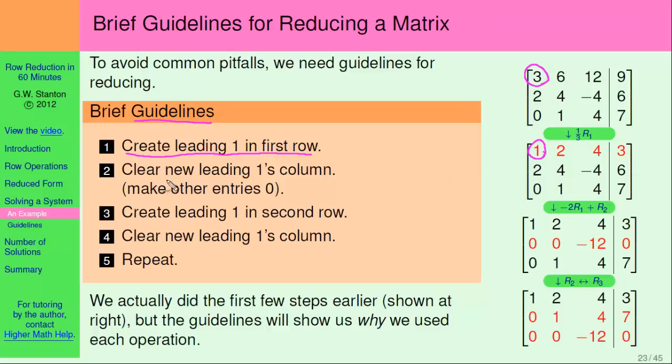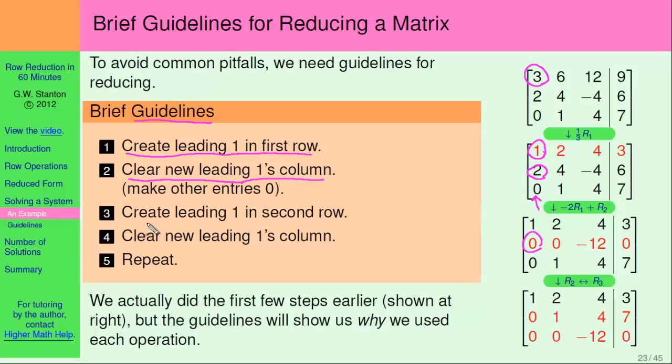The next goal will be to clear the leading one's column. In other words, we want to make all the entries in this column besides the leading one a 0. Specifically, we'll need to turn this 2 into a 0 in the next matrix.